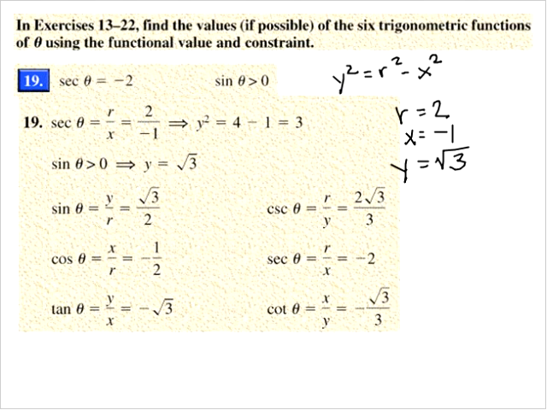And then we can find our 6 trig functions the following way. Now remember, you don't want to have a square root in the denominator of your fraction. So there may be times where you have to rationalize your denominator so that no square root actually appears there.